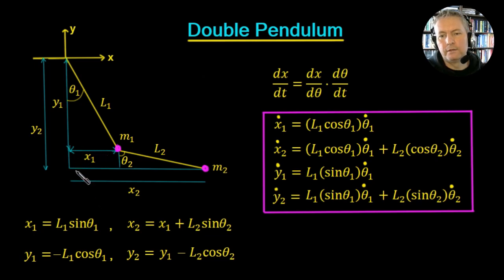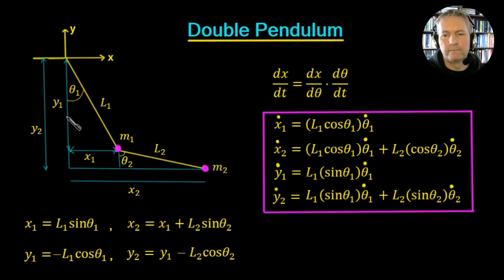And we can see here that the distance x2, well, it's going to be x1 plus this distance here. But again, you can see this distance here is going to be the opposite of the angle. So it's opposite over hypotenuse again, which is going to give us the sine. So this distance here is going to be L2 sine θ2. So x2 is going to be x1 plus L2 sine θ2.